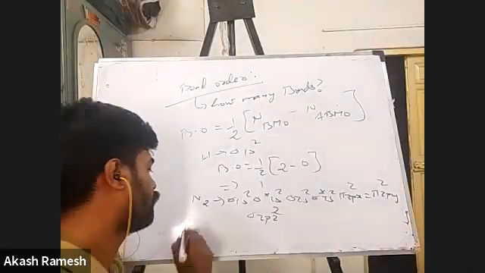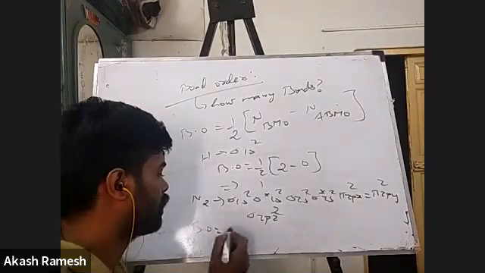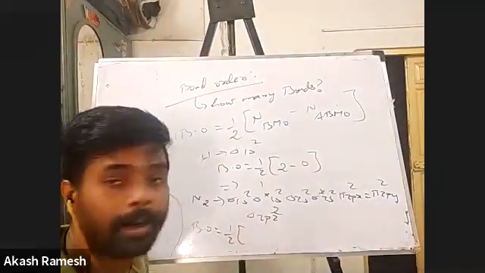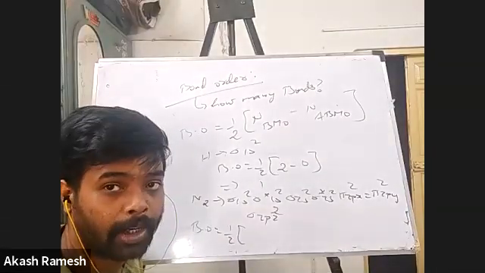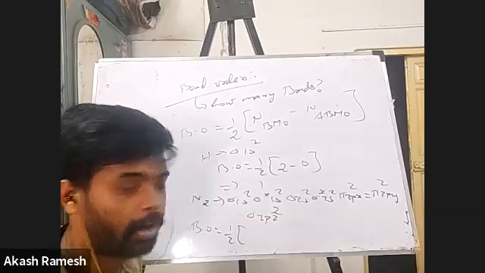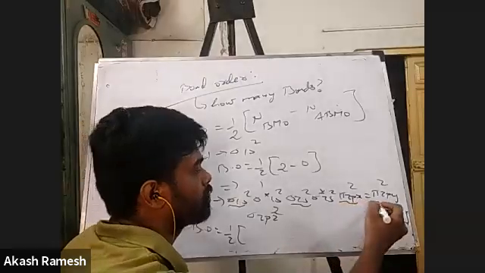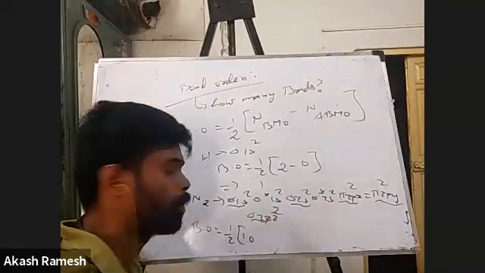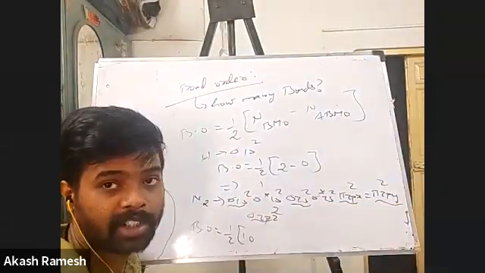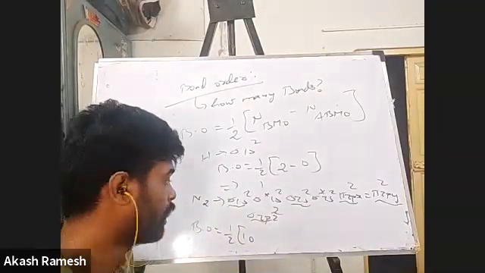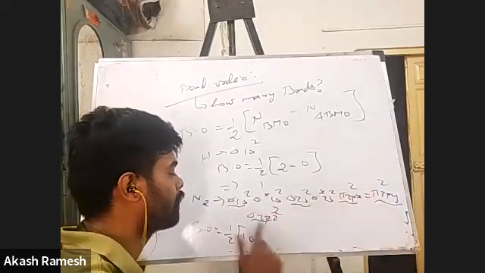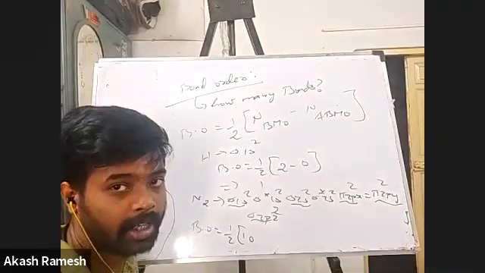Okay. Now if I go for the bond order calculations, right? So again, half into. Now I have to calculate the total number of electrons in bonding molecular orbitals. So it's 2, 4, 6, 8, 10. Whatever doesn't have star, that's my bonding orbitals, right? So totally 10 electrons are there.